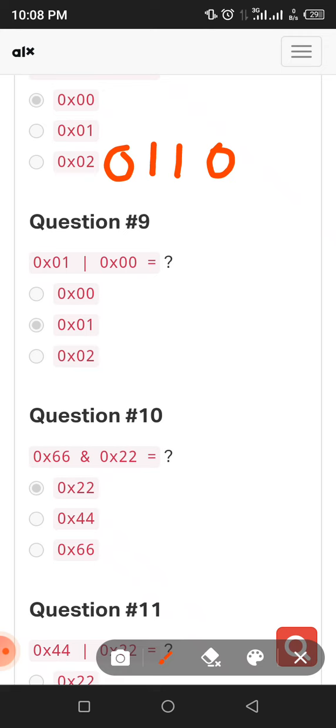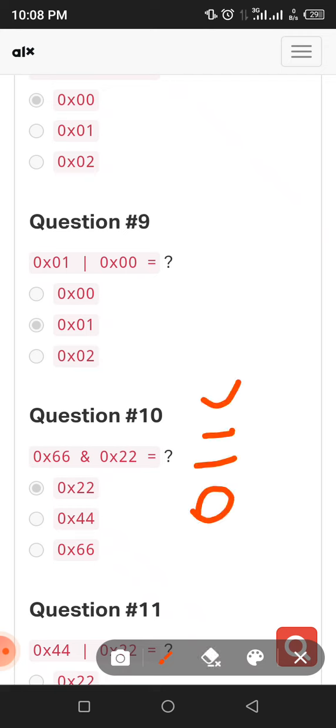So for 66, we have 0, 1, 1, 0, as we said previously, and then another 6, 0, 1, 1, 0. Now the next one is 2, 2. 2 is 0, 0, 1, 0.